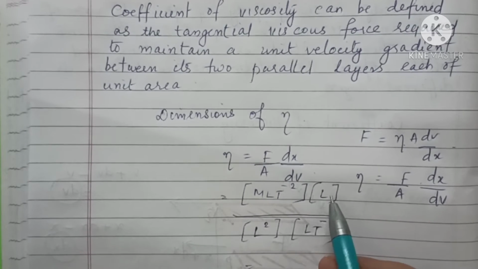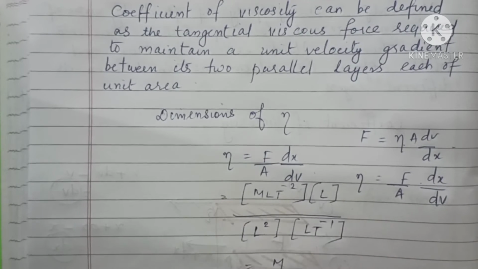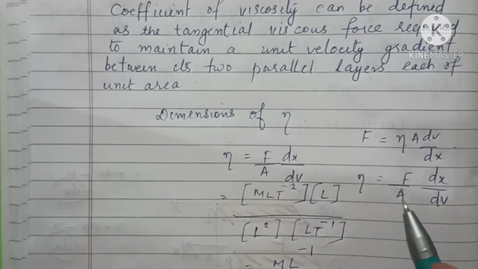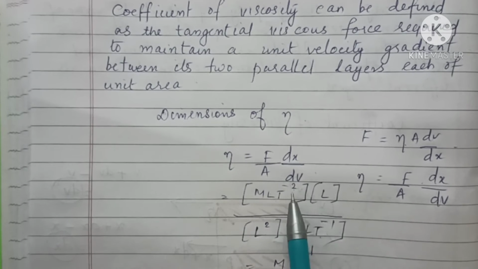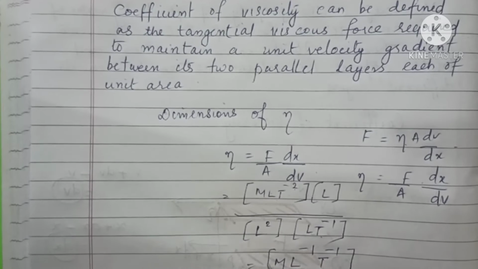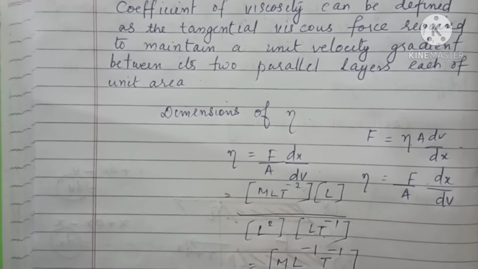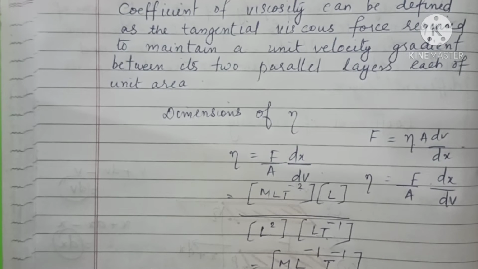L squared and L cancel, remaining L in the denominator, so first M, then L raised to minus 1. Then T raised to minus 2, and T raised to minus 1 in the denominator will go up and become plus 1. So minus 2 and plus 1 gives minus 1. So M L raised to minus 1 T raised to minus 1 is the dimension of the coefficient of viscosity.